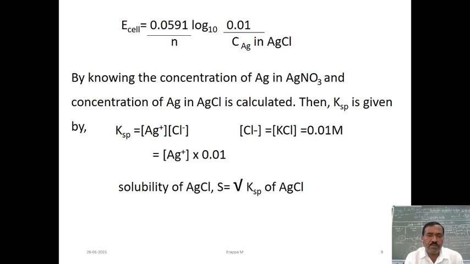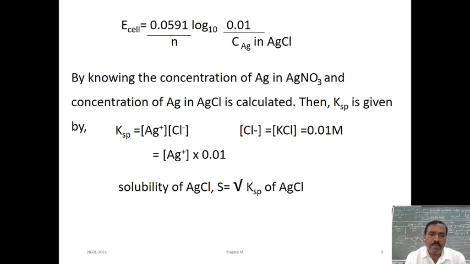You know the EMF, you know the number of electrons involved, and you know the concentration of Ag+ in AgNO3. You can easily calculate the concentration of Ag+ in AgCl. Then Ksp, the solubility product, is given by the product of Ag+ ions and Cl minus ions.